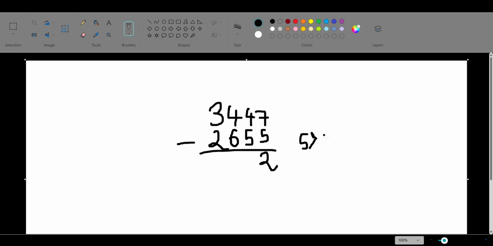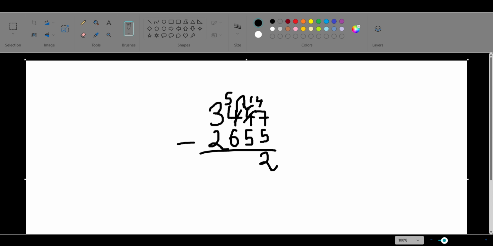And 4 minus 5. Now here again 5 is greater than 4. So here you have to carry over again. This will become 14, this will become 5.